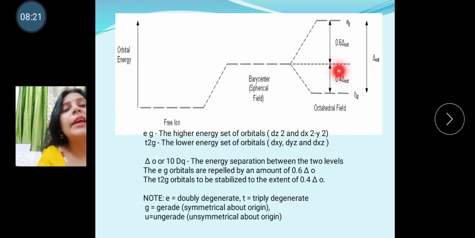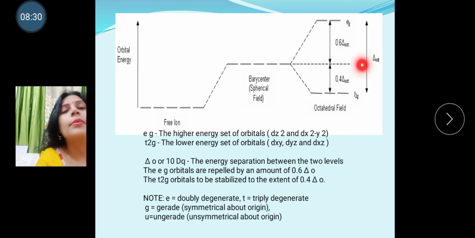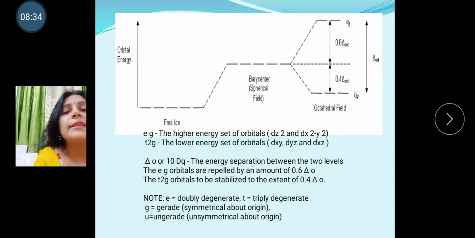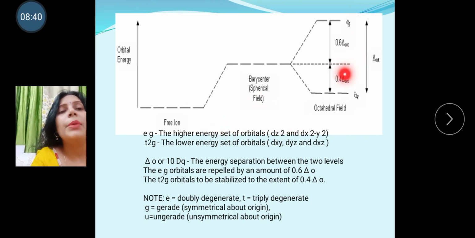This dotted line in the center shows where the energy difference is zero, and this is known as the barycenter. So here we can conclude that the eg are the high energy set of orbitals placed above the barycenter, while the T2g set are the lower energy set of orbitals, below the barycenter.